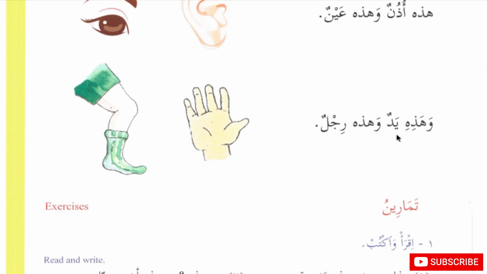And this is a hand, and again you have two hands, so it's feminine. وهذه رجل, and you have two legs. Sorry, and this is a leg. I believe رجل means leg here. The word قدم is used for foot.